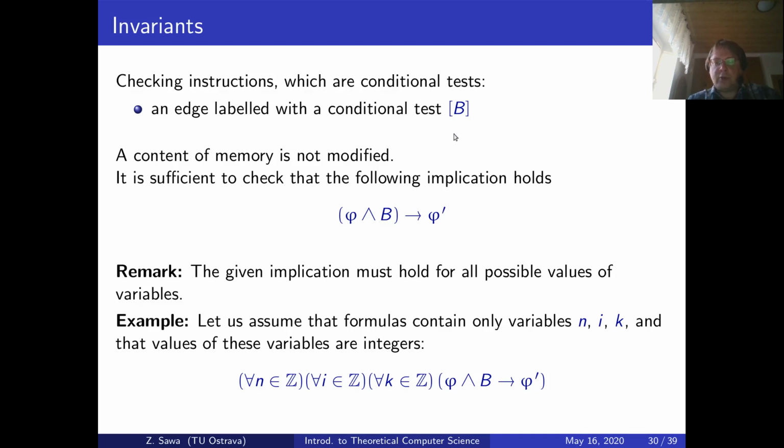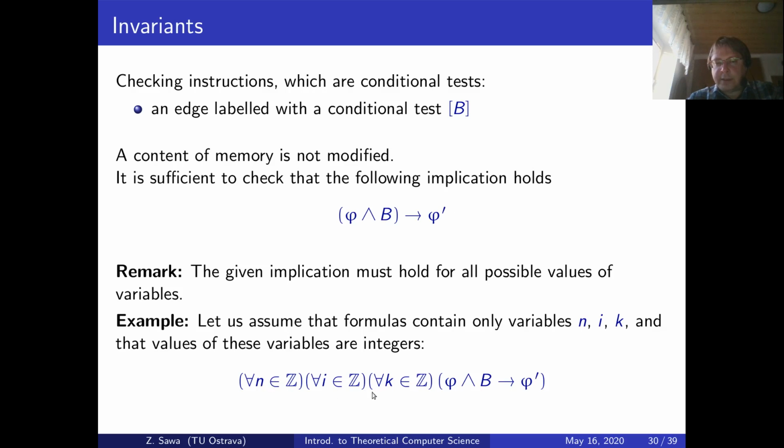So we must just check that, assuming that phi is true and this condition is true, then the new invariant is true. So this implication must hold for all possible values of variables.